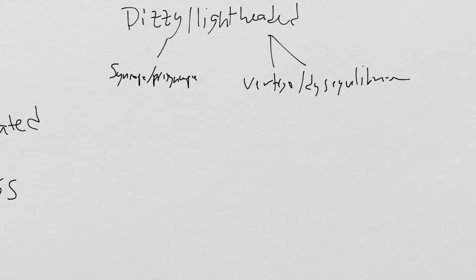So whenever you approach a patient with a chief complaint of dizziness or lightheadedness, you should try to figure out, is this more syncope, pre-syncope? Is this more vertigo, or does the patient feel like they have some disequilibrium? Sometimes the patient will give you a story that's very clearly one or the other. Other times you'll get a story where the patient gives you some presyncopal symptoms and some vertiginous symptoms, but more of one than the other.